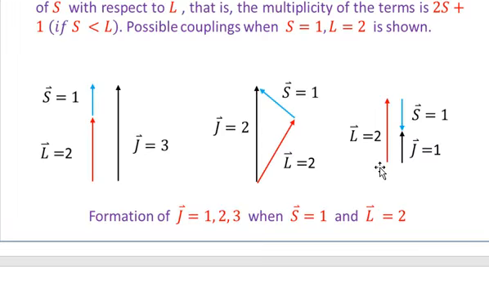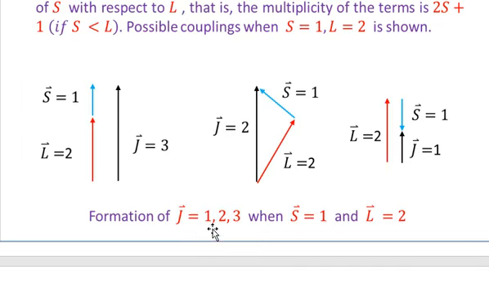Now in the rightmost figure, I have capital L equal to 2 and capital S equal to 1, but the spin angular momentum is oriented opposite in direction to the orbital angular momentum. So the vector J of the atom has a total magnitude equal to 1 and its direction is along the direction of the vector L.